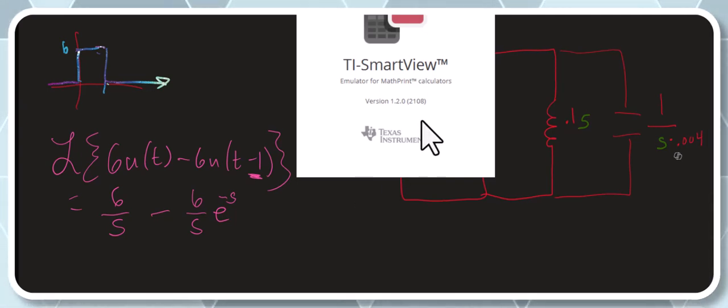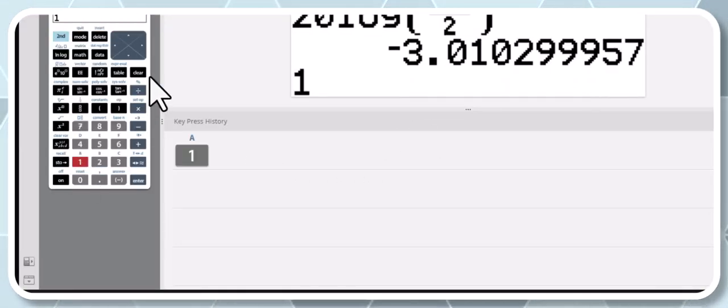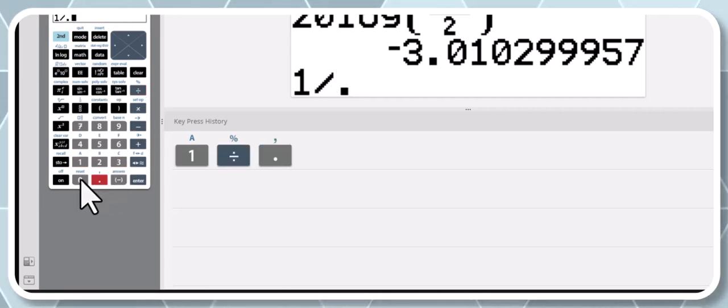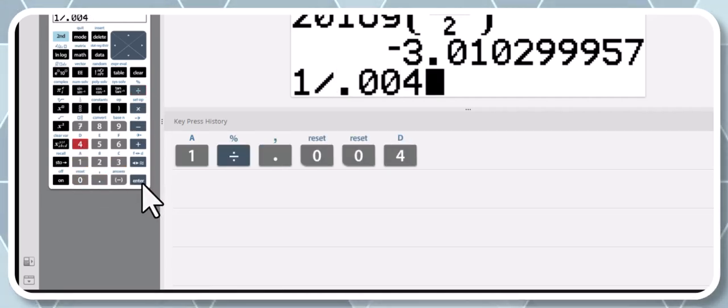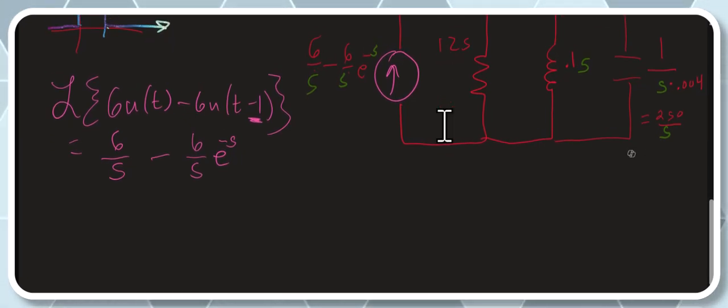So 0.004 is 4 over 1,000, so it's 1,000 over 4, so it should be 250. So this is equivalent to 250 over S. Okay, now the nice thing about the S domain, the whole reason we want it, is now everything acts like a resistor.